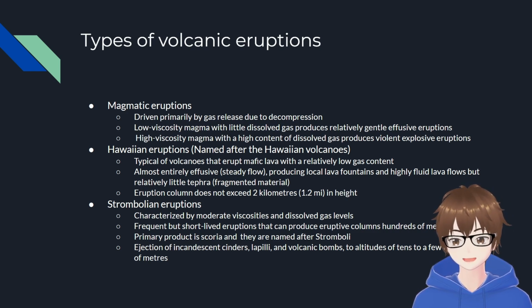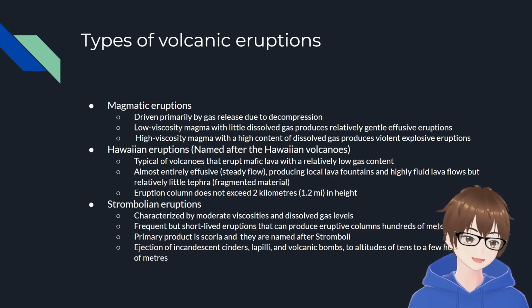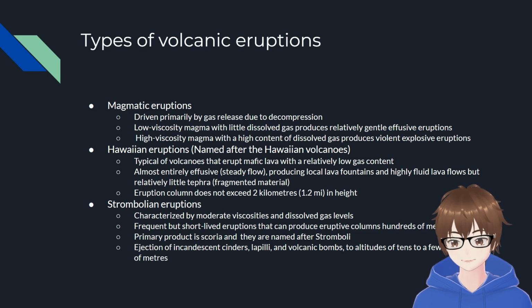The eruption column does not exceed 2 kilometers or 1.2 miles in height. And as we're going over these, after I get to the next slide, we will go over some examples of certain eruption types. Then we have the Strombolian eruptions, which are characterized by moderate viscosities and dissolved gas levels.